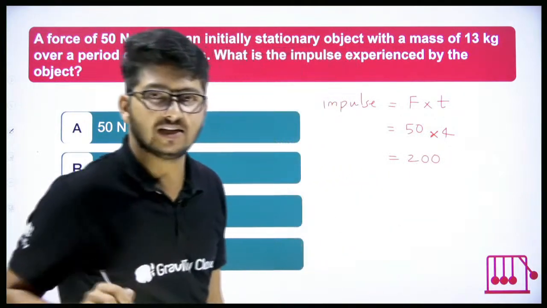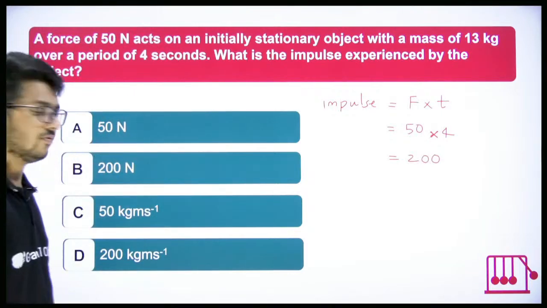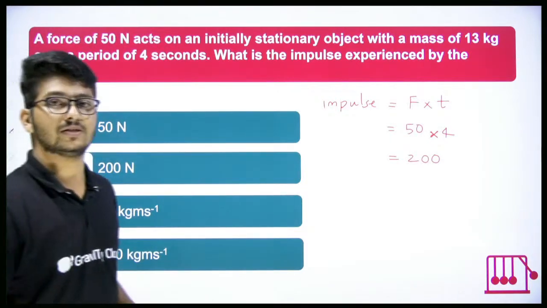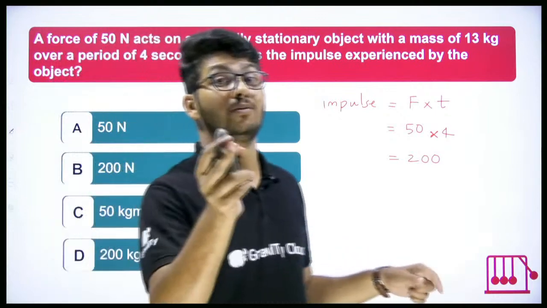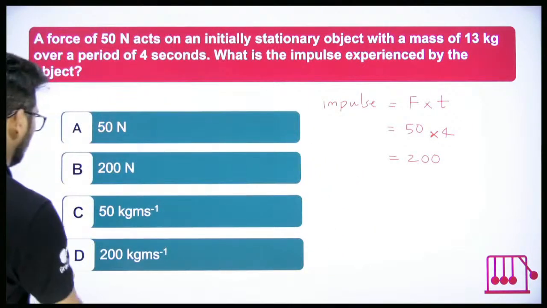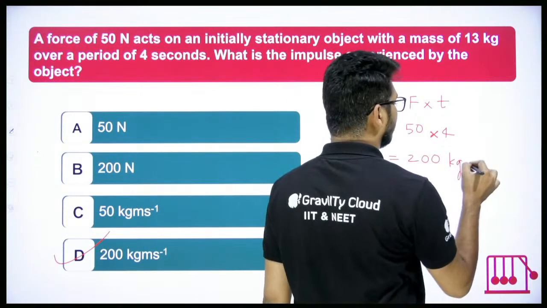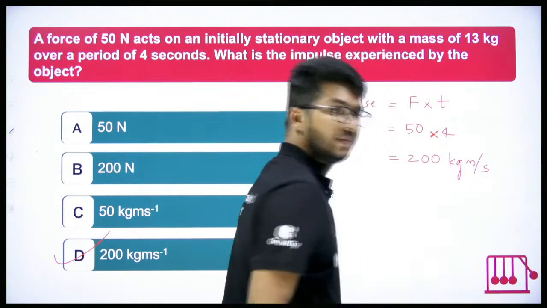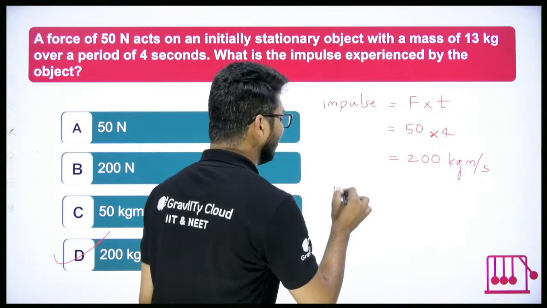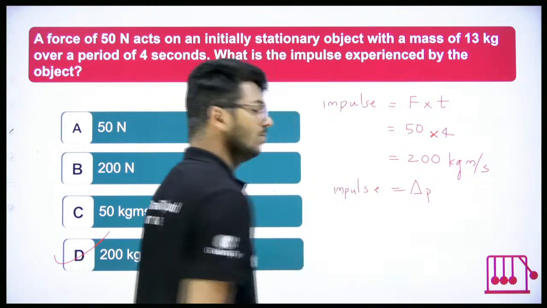But the challenge here is, what are the units? Are they Newton, the units of force, or are they kilogram meter per second, the units of momentum? The answer is 200 kilogram meter per second. You take the units of momentum. Why? Because impulse itself is change in momentum.